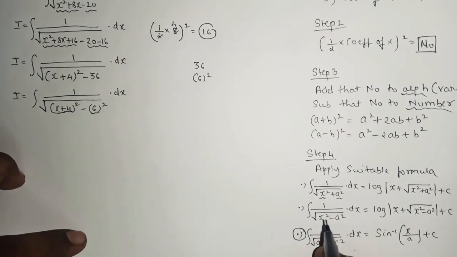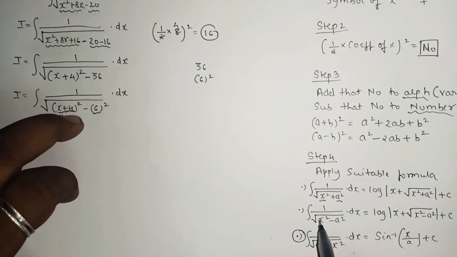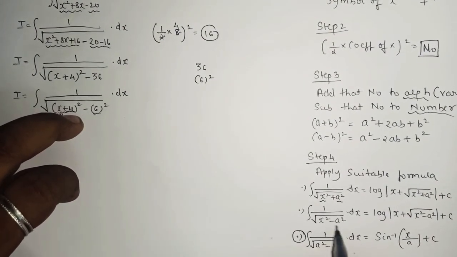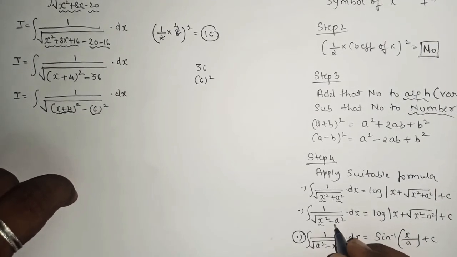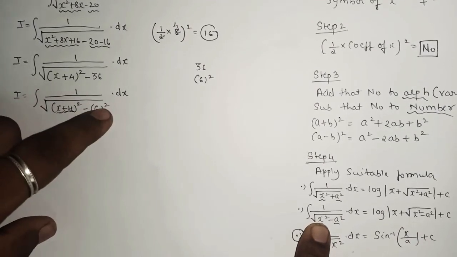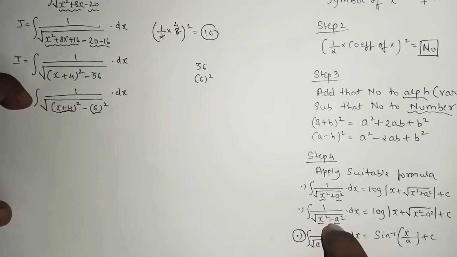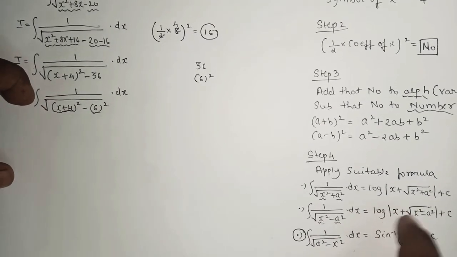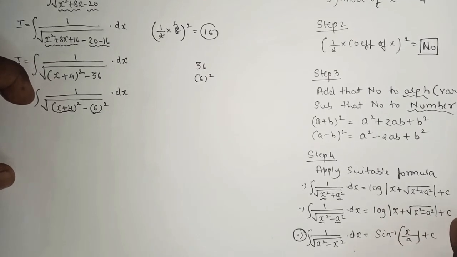So here clearly we can see that this integral looks like the second formula, 1 upon root x square minus a square. Can you see the first part is alphabet and the second part is number? When the first section is alphabet, the second section is number, and the connection is minus, we'll apply the second formula. The second formula is log mod x plus root x square minus a square plus c.